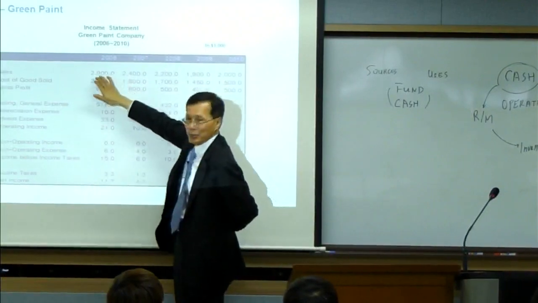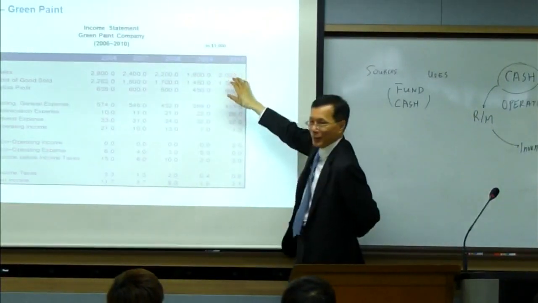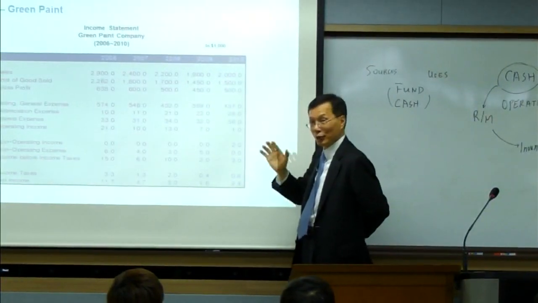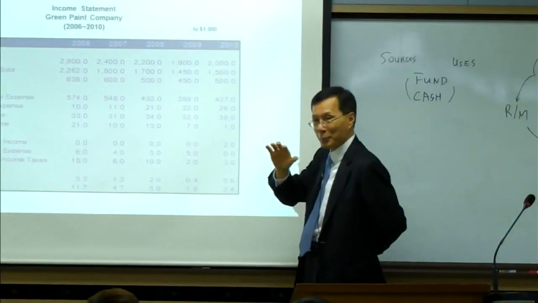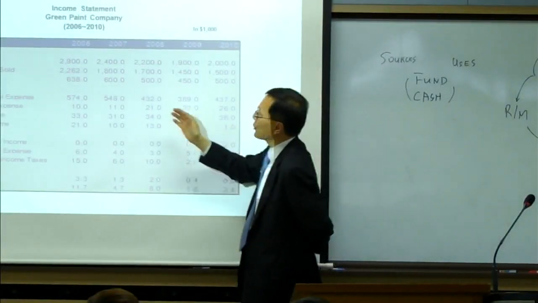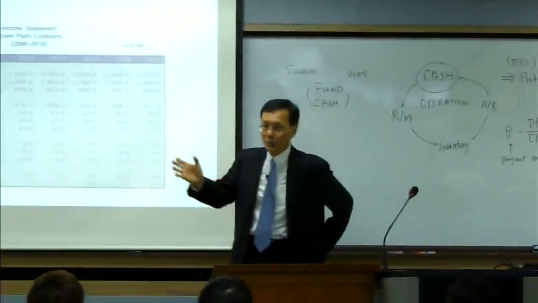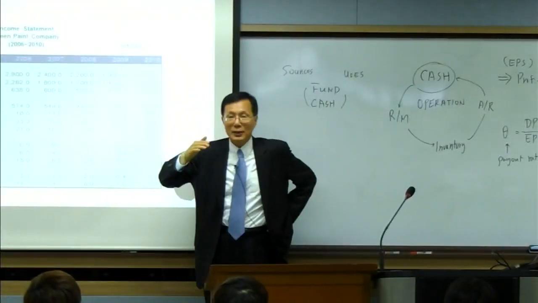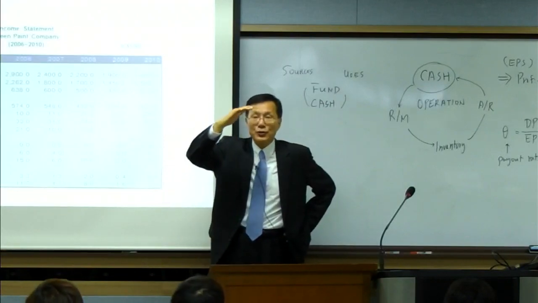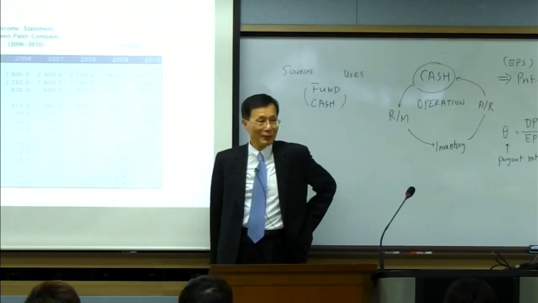This one is the most recent and this one is the oldest. But the company's financial statements show that 2006 it was 2.9 million and 2010 it was only 2 million. So the company, instead of growing, has been declining over time.